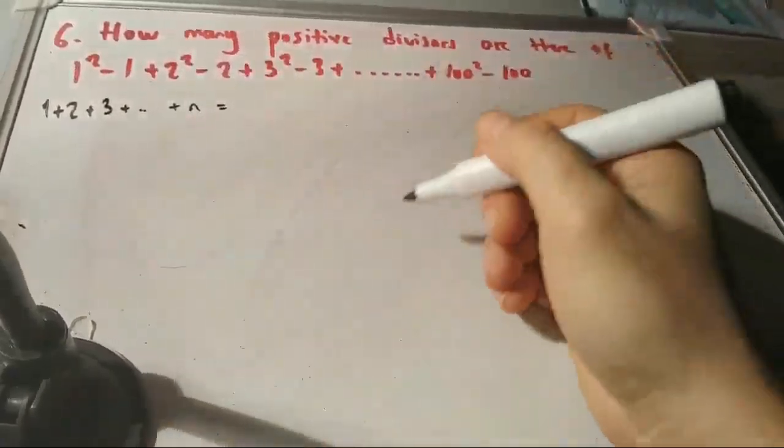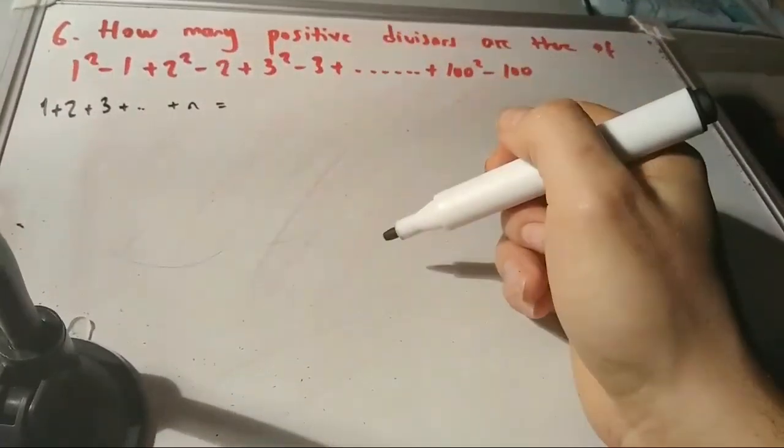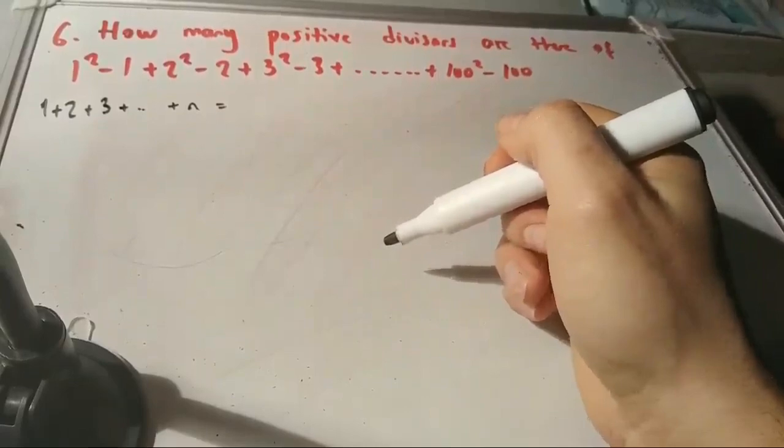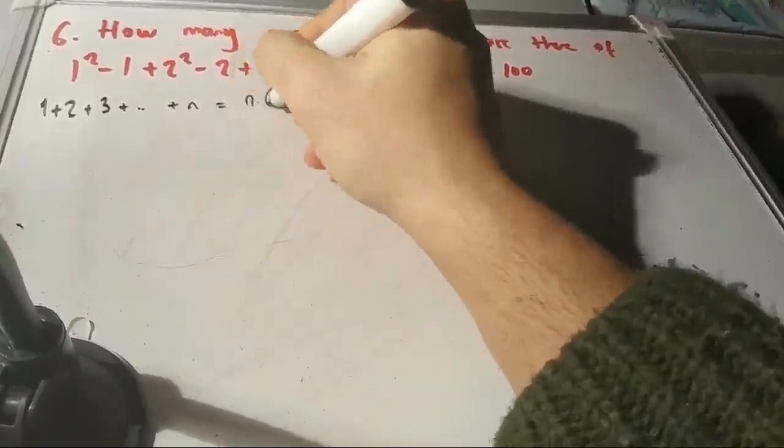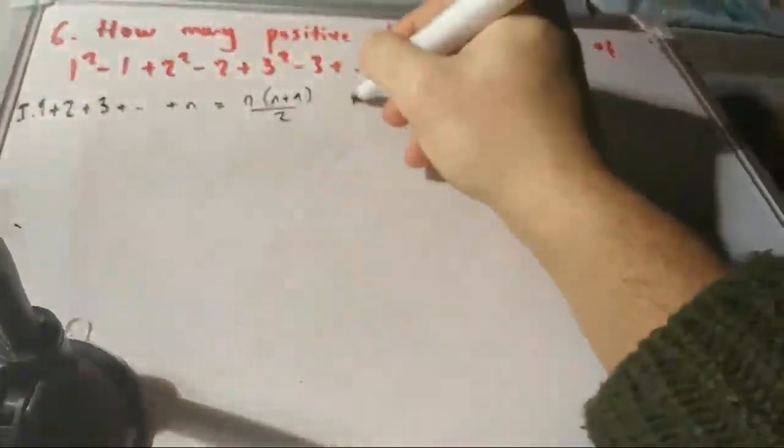All natural numbers start from 1 and go to plus infinity. Remember that. So their sum will be n times n plus 1 over 2.